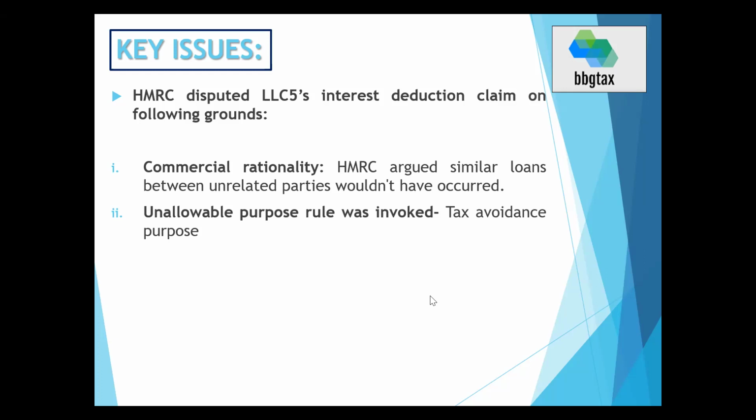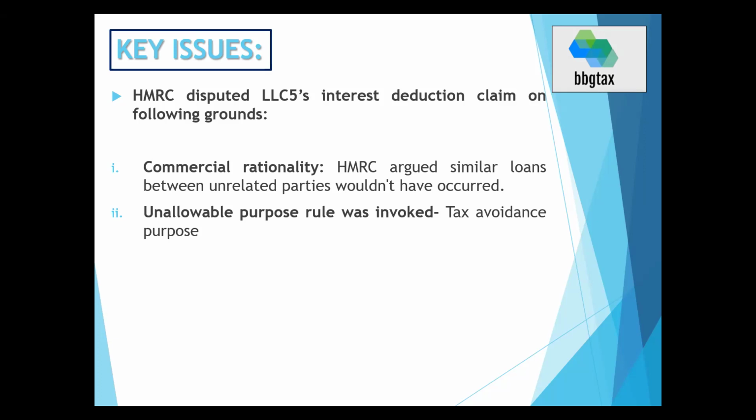Firstly, it said that no loans would have been made between independent parties acting at arm's length. So the tax deduction should be denied under the transfer pricing rules in Part 4 of the Taxation Act 2010. Essentially, it questioned the commercial rationality of the whole structure within the transfer pricing domain.